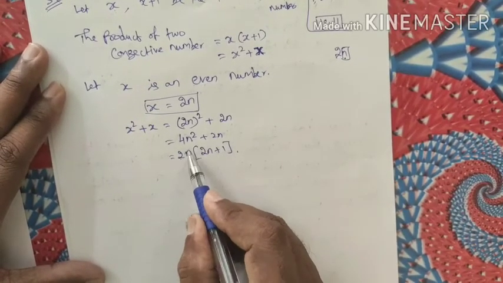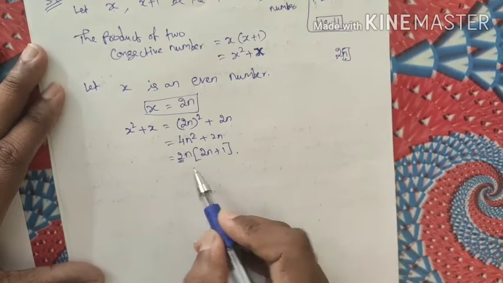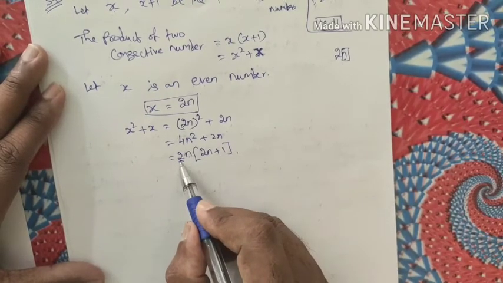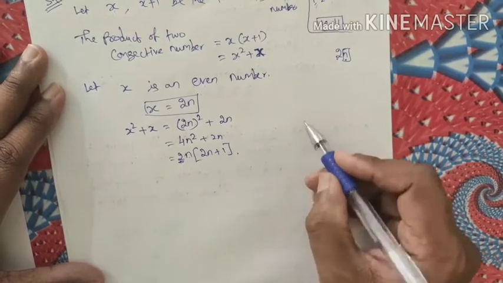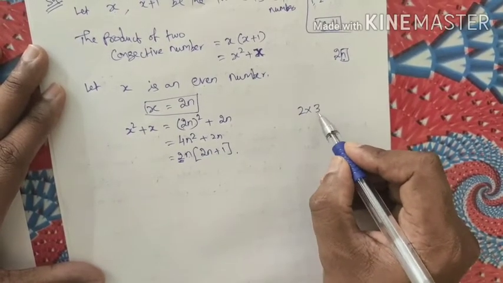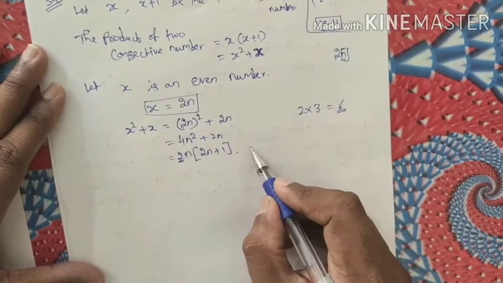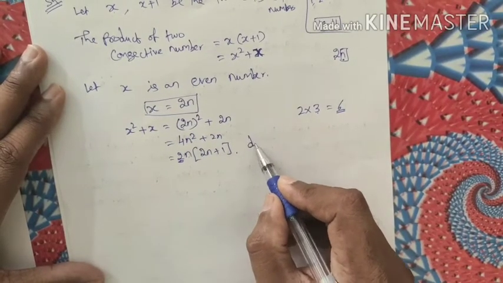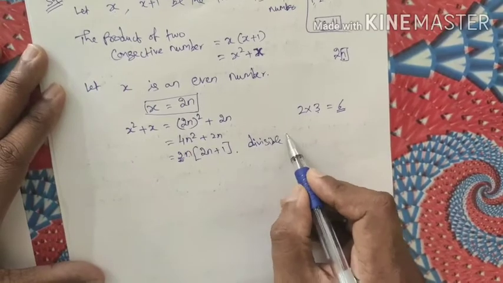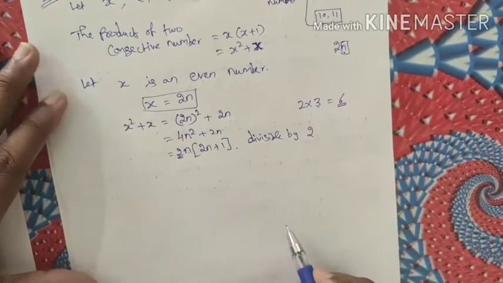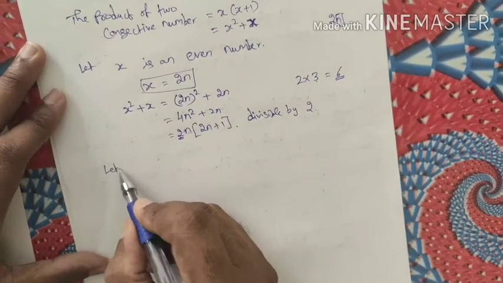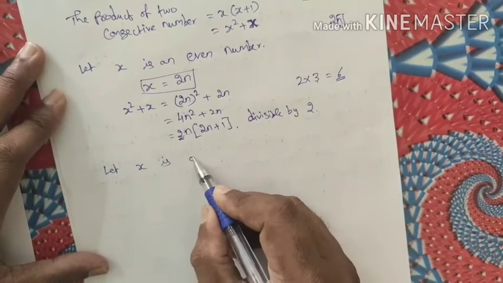So whenever a number is multiplied by 2, surely it is an even number. Suppose 2 into the odd number 3 is 6, that is an even number. So surely it is divisible by 2. Next we see the odd number. Let x be an odd number.